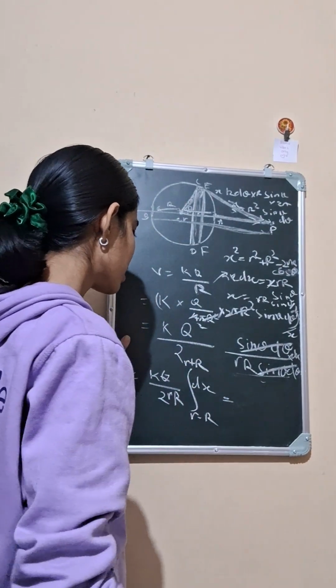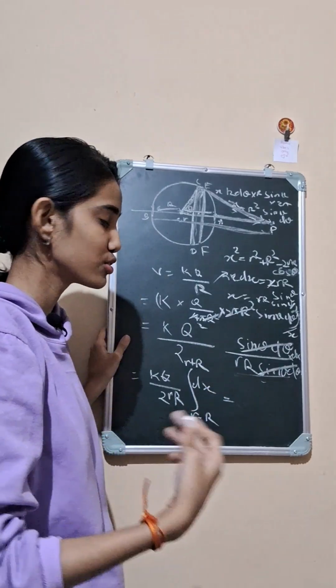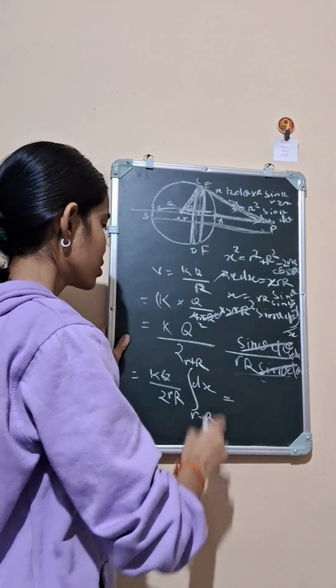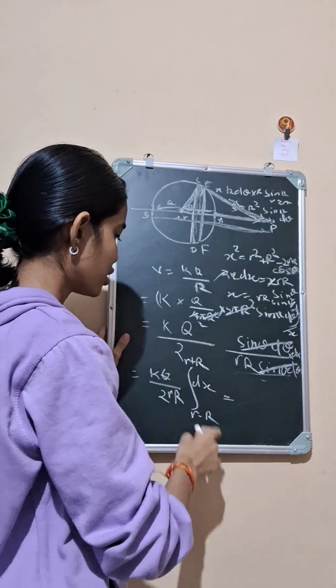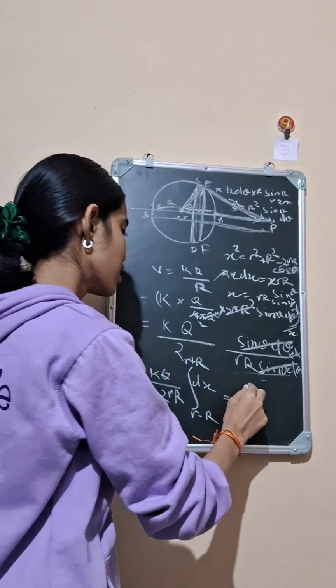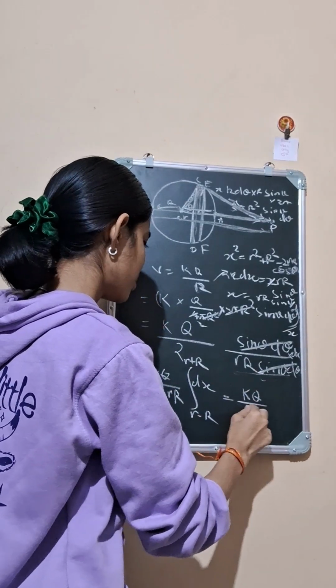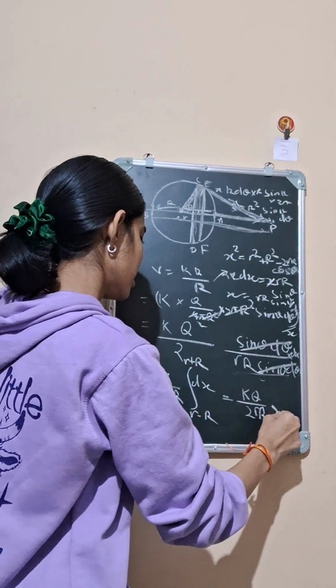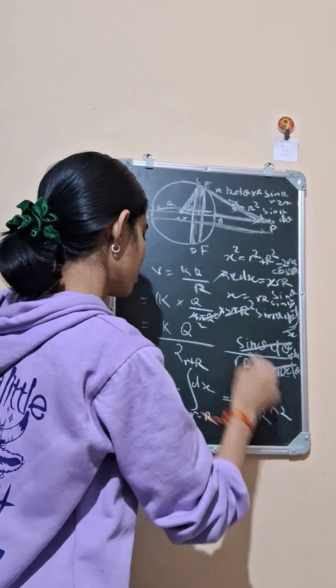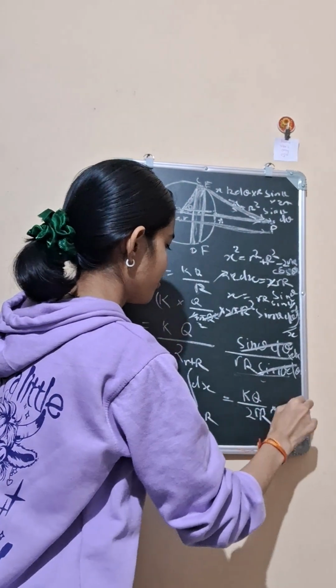Integrating dx will give us x, so integrating x from R minus r to R plus r, we will get k q by 2 R r into 2 r.